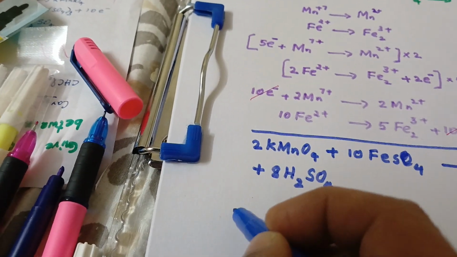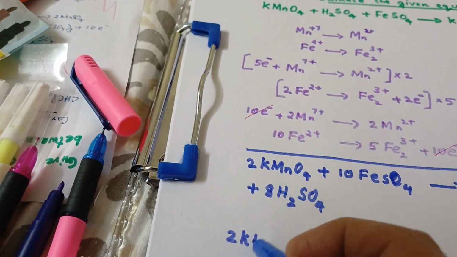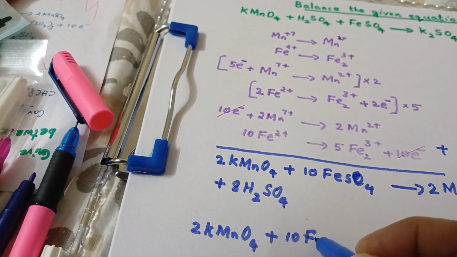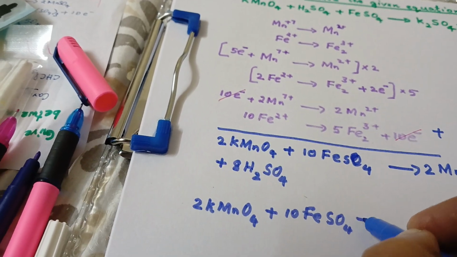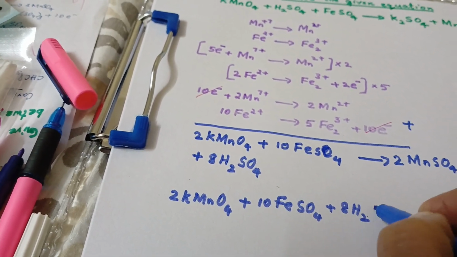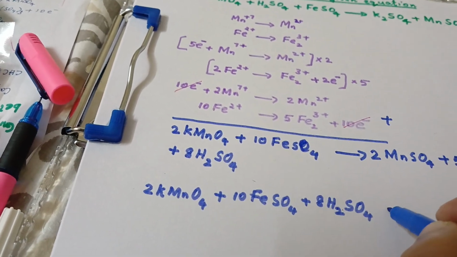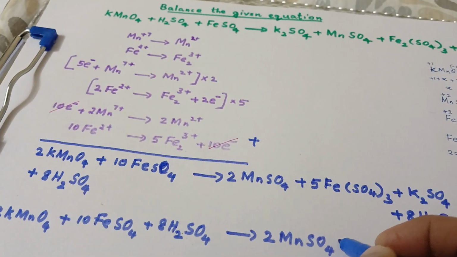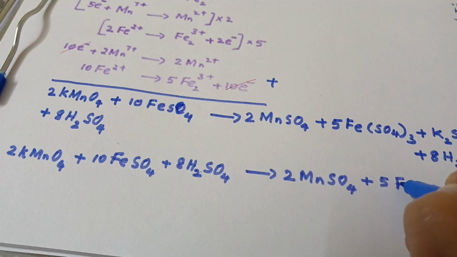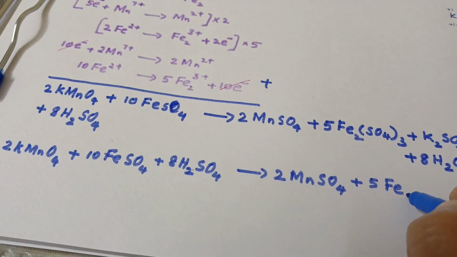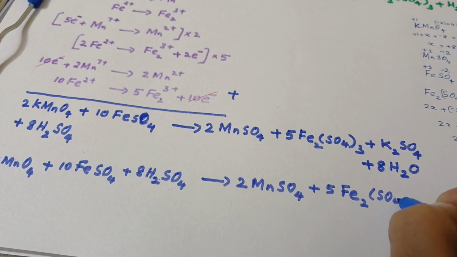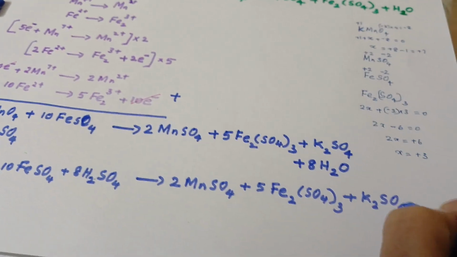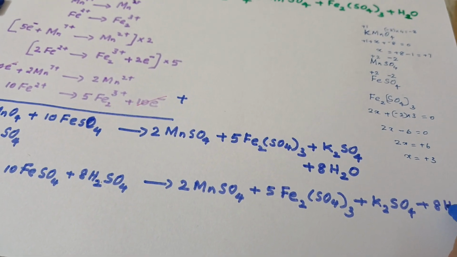I'll rewrite it like 2 KMnO4 plus 10 FeSO4 plus 8 H2SO4 giving 2 MnSO4 plus 5 Fe2(SO4)3 plus K2SO4 plus 8 H2O.